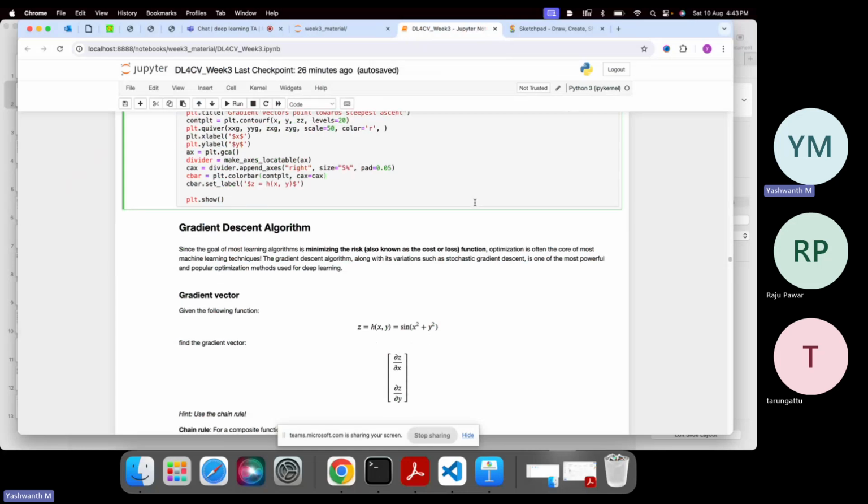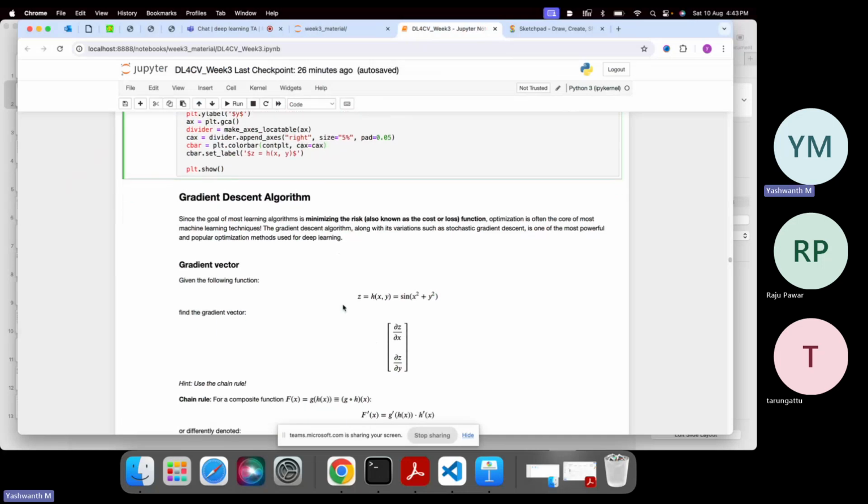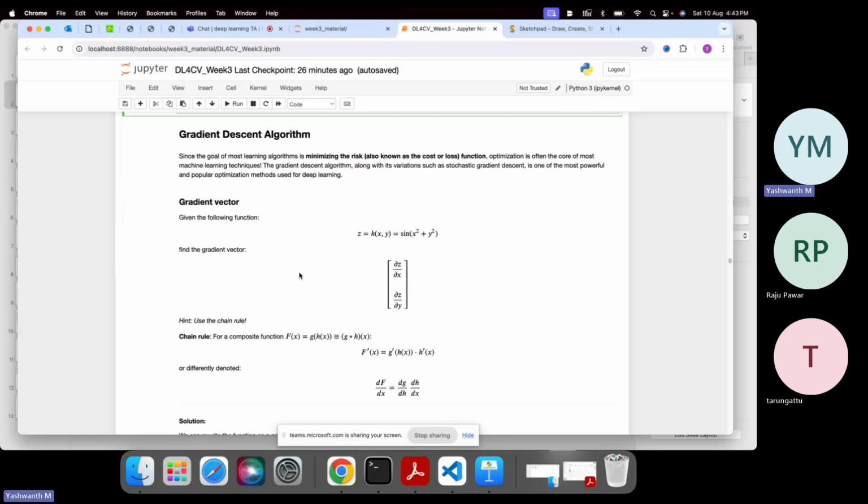Yeah, so basically here we just say what gradient descent is. Given any function z as a function of variables x and y, the gradient vector is nothing but the partial derivatives of the function with respect to the variables x and y. Here we have two variables, x and y, so it will be a vector.